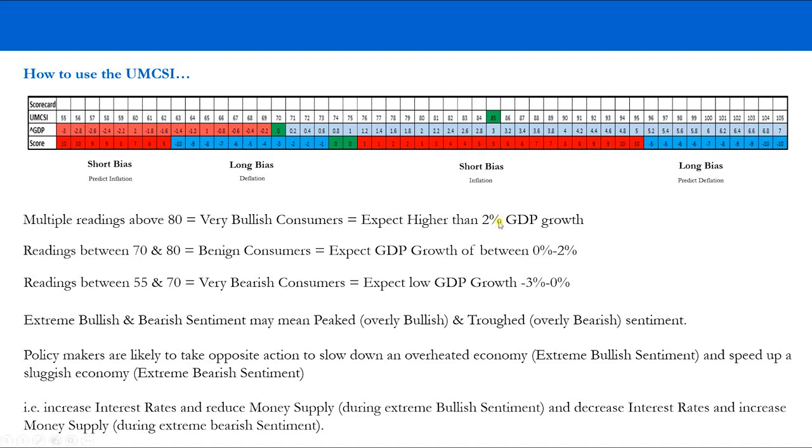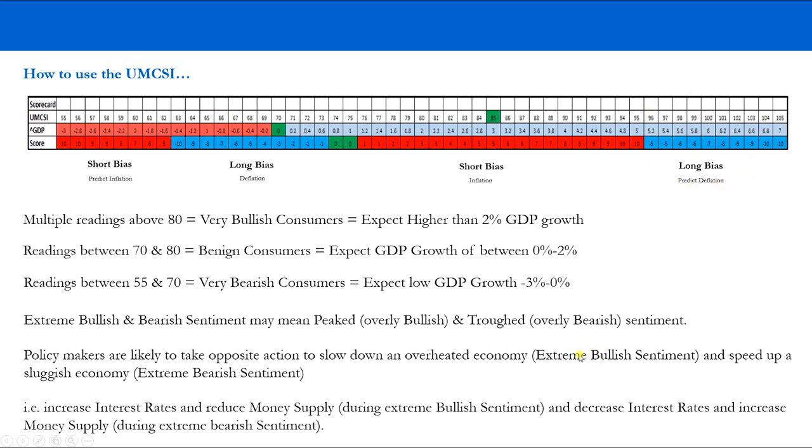For example, if we get multiple readings of the UMCSI up here, central authorities like the Fed, the central bank, are going to look at this and come to the conclusion that the economy is potentially overheating. This is extremely bullish sentiment, so what we could in fact be predicting is that in the future we're going to get deflation, because it can't get any better.